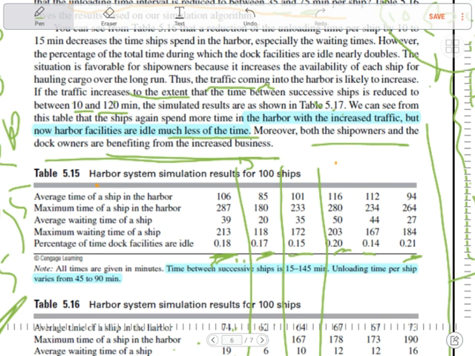The ship owner is making profit, and for 5.17 the harbour facilities sit idle for a lesser amount of time, so they are also making profit. So of the three tables given here, 5.17 is the most beneficial for the scenario considered.